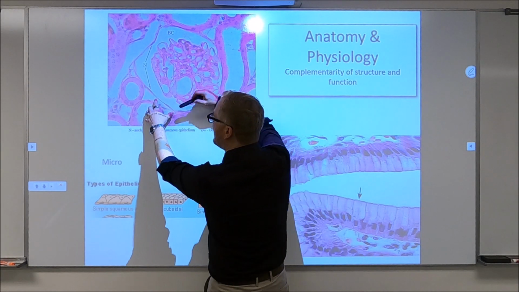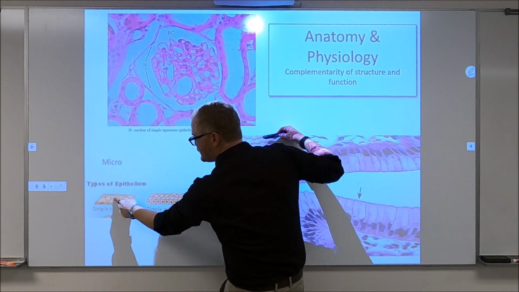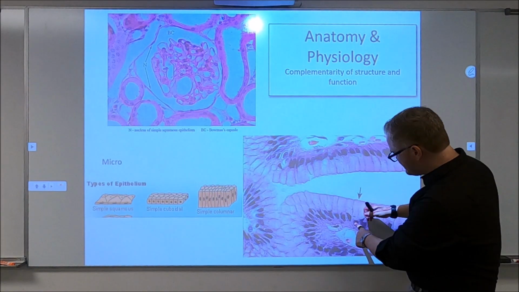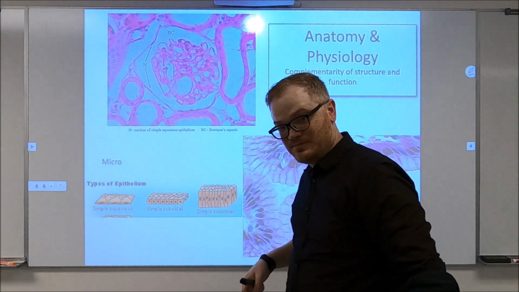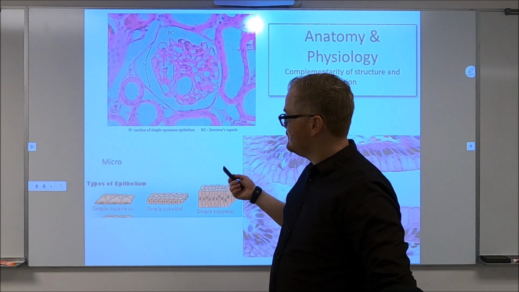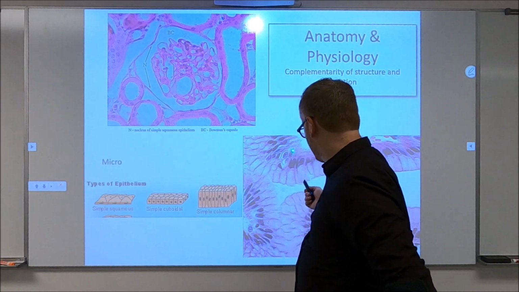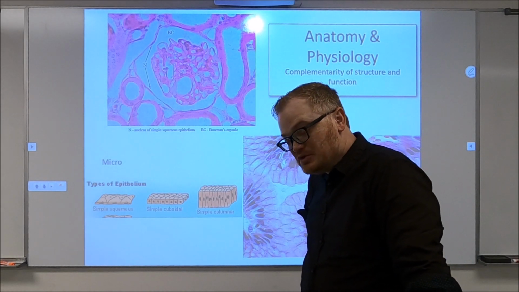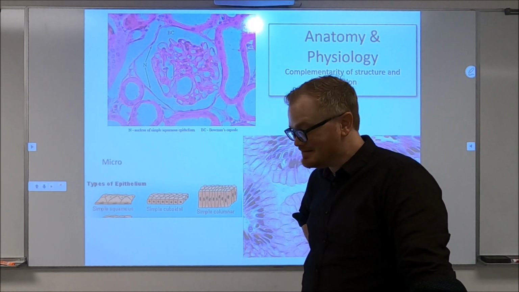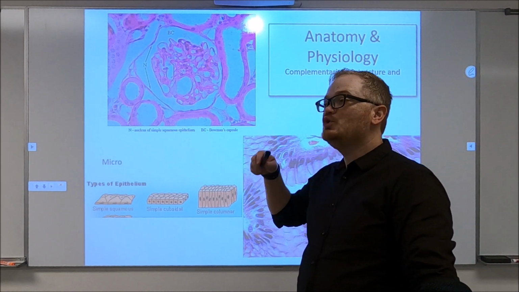This cell is utterly flat. It is as flat as they come, whereas this cell is incredibly tall by comparison. Can you imagine that this one being utterly flat and these being incredibly tall, that perhaps they may do different things for you? You'd be correct.